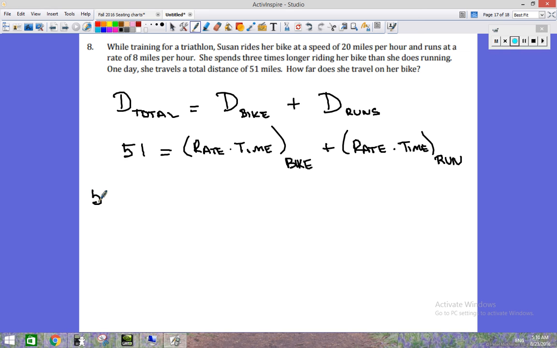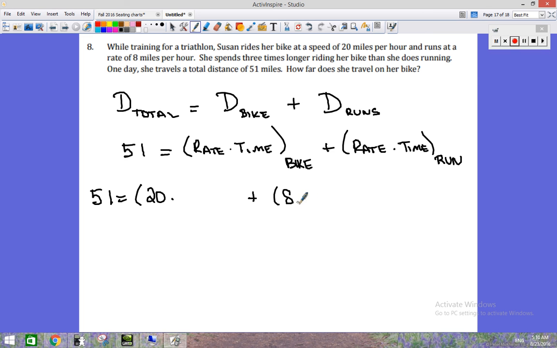Now, on her bike, she goes faster. The rate is 20 miles per hour. And running, she runs at a slower speed, obviously, and we've got 8 miles per hour. Now, the time. She spends the longer length of time riding her bike.